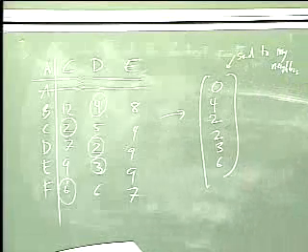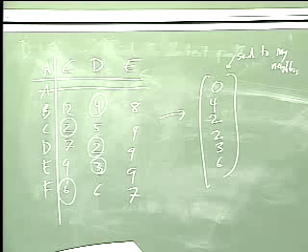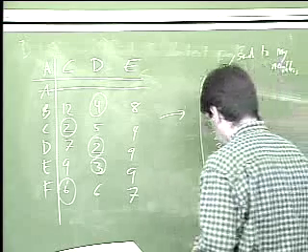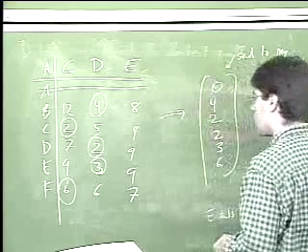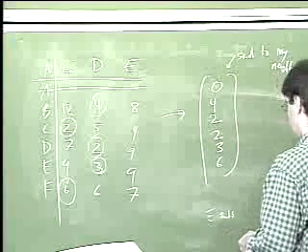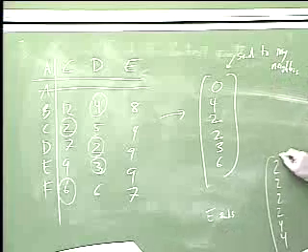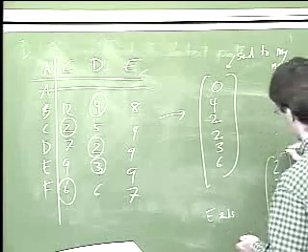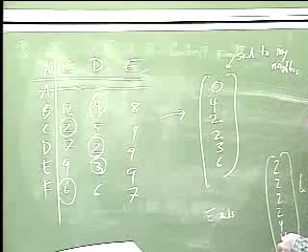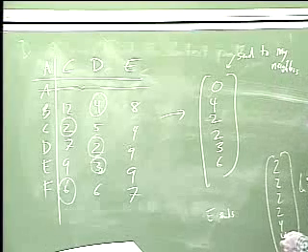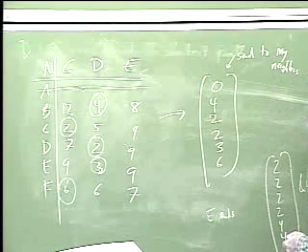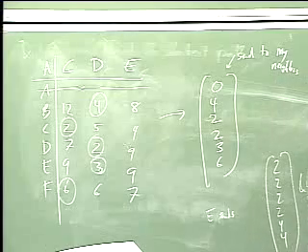Okay, now when I get a vector from one of my neighbors, suppose E sends me 2, 2, 2, 2, 4, 4. And suppose the weight of edge A to E is 1.